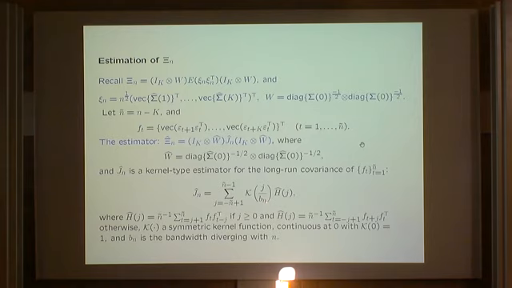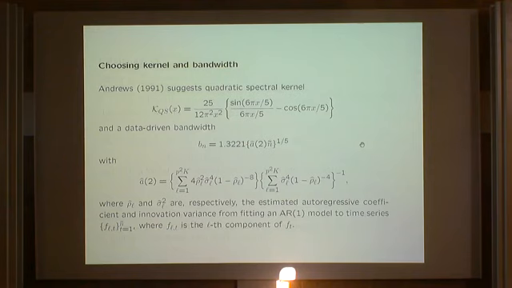But this has been, as I said, intensively studied in the econometrics literature, and Andrews in his 91 paper recommended to use this kernel with the bandwidth which is determined by data in a very complicated manner. But those are standard procedures. You just take them and apply them. Andrews proved those combinations have some nice properties. We just use this procedure to estimate it.